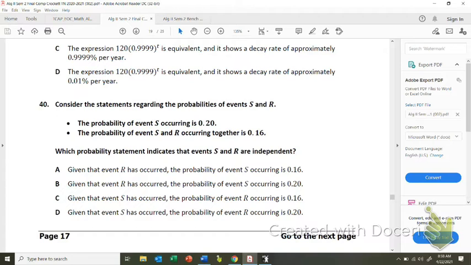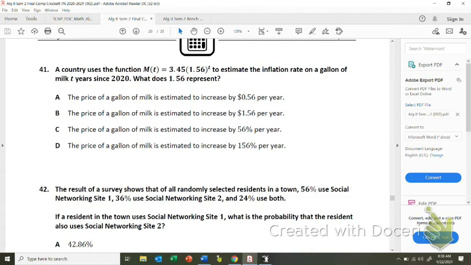All right, 41. A country uses the function m of t equals 3.45 times 1.56 to the t power to estimate the inflation. What does the word inflation mean? To go up. The inflation rate on a gallon of milk. What does 1.56 represent? We know it's a growth rate because it says inflation.